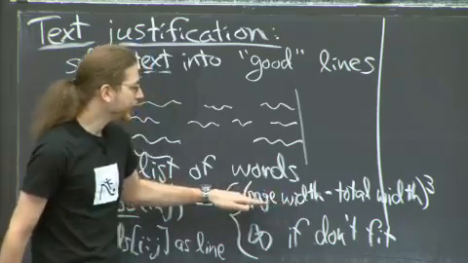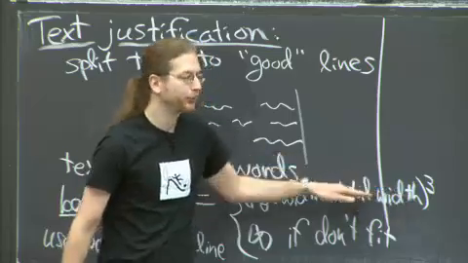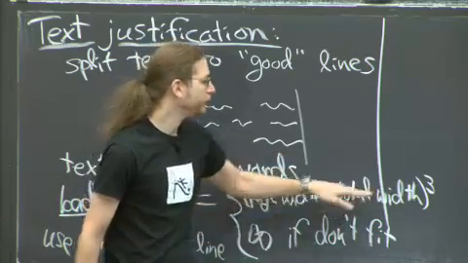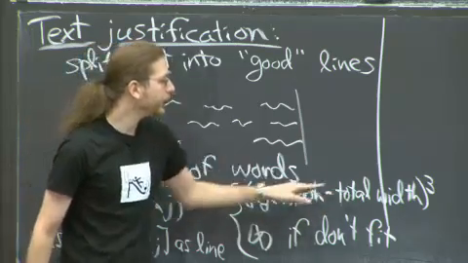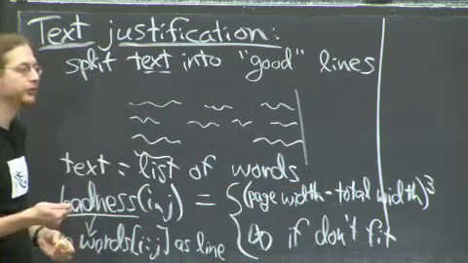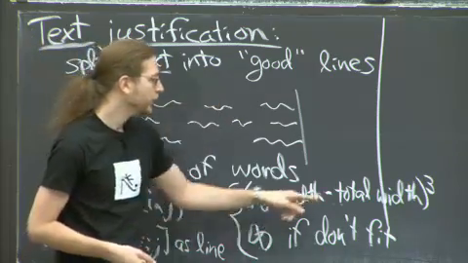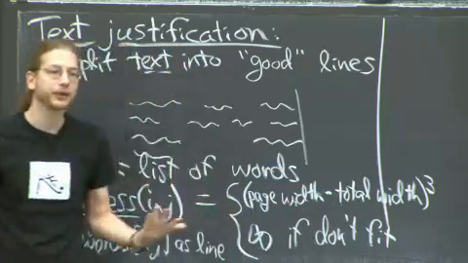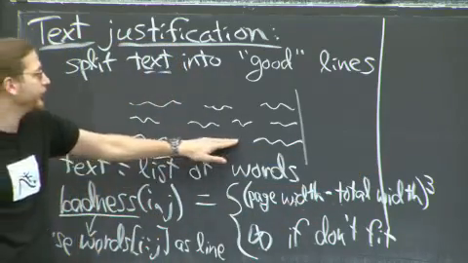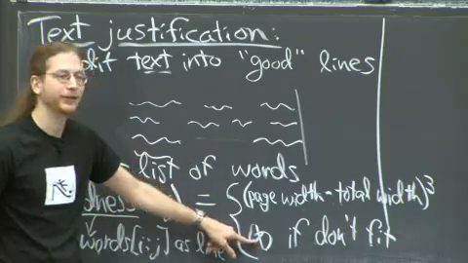So this is the width of the page minus the total width of those words, which you also have to include the spaces here. You take the difference, you cube it. And so when these are very close, then this is going to be close to 0. That's good. That means you use most of the line. When the total width is much smaller than the page width, then this will be a large value. You cube it, it will be even larger. So this will highly discourage big gaps like this. And it will very much discourage not fitting.